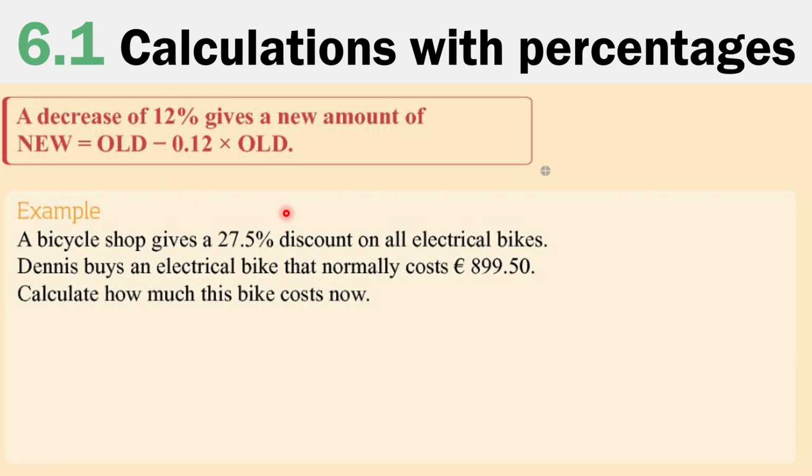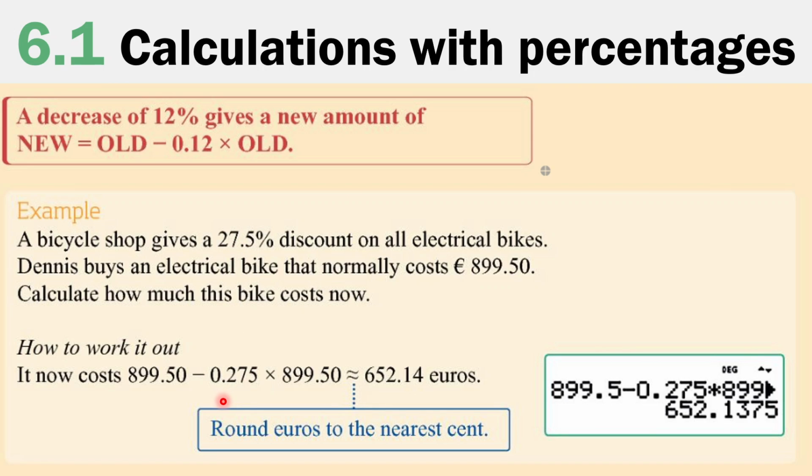If a bicycle shop gives you a 27.5% discount, I think I will pay less, right? If that bike normally cost 899 euros and 50 cents, you can now calculate the decrease by taking the old price minus 27.5% converted to a decimal number, divided by 100.